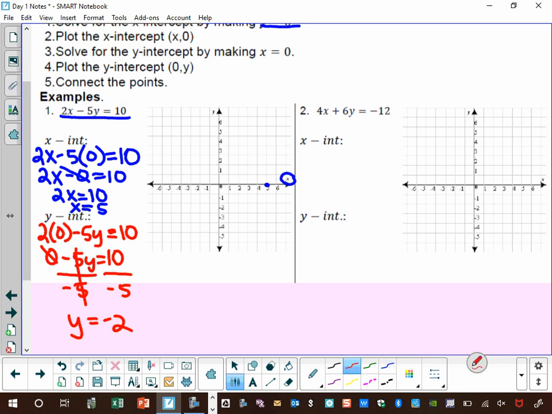I'm also going to go to my y-axis and put a point on negative 2. And now we have our line just like we've been doing. And you can connect the dots. All this is familiar to you, right?